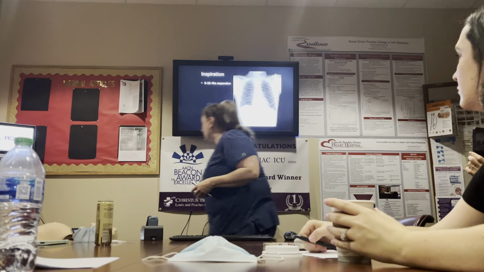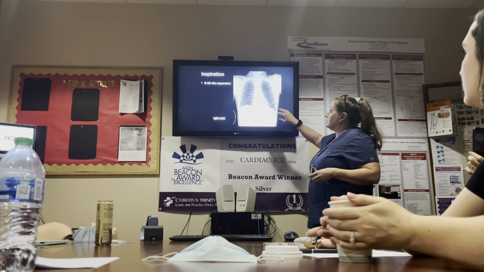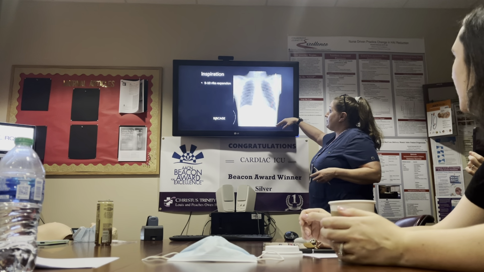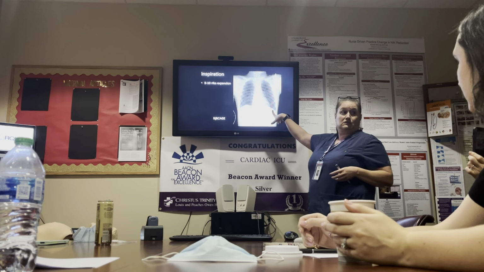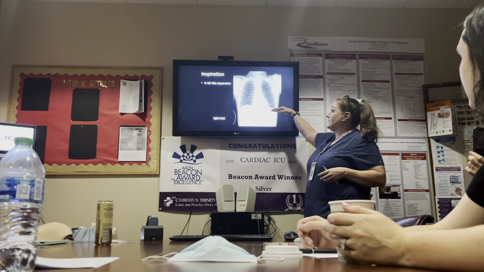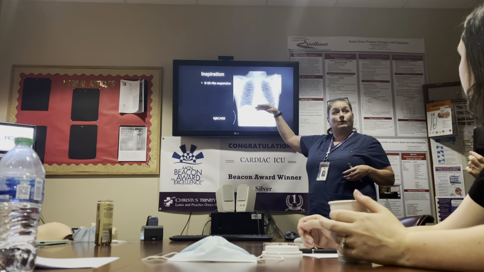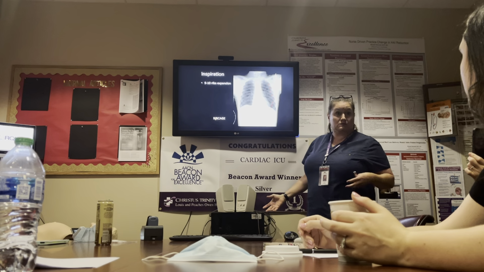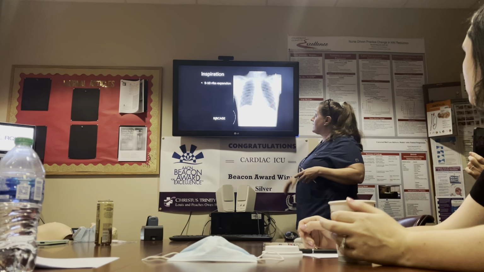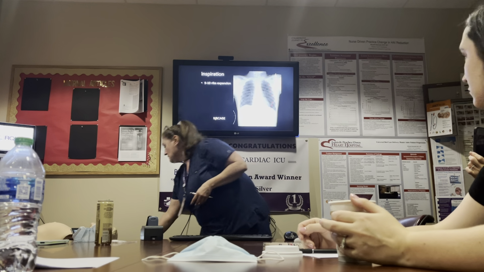As far as inspiratory effort, 9 to 10 ribs is the best inspiratory effort. Usually when I say they're under-ventilated or they're not taking a deep breath, it's because we're seeing only like 4, 5, 6 ribs on the x-ray, okay?